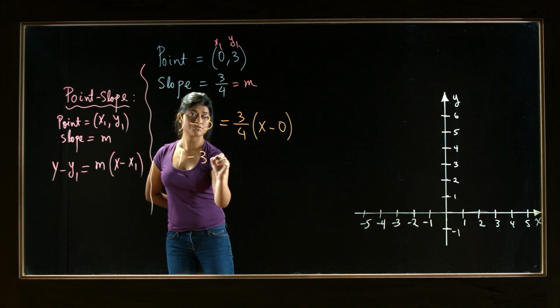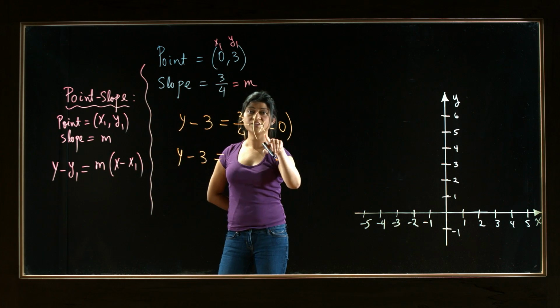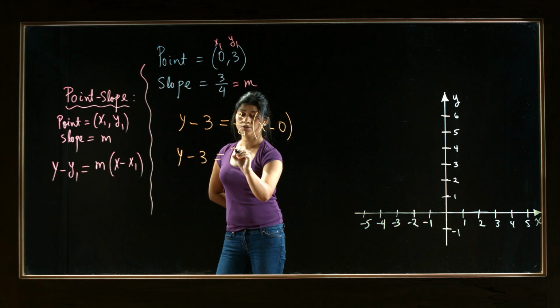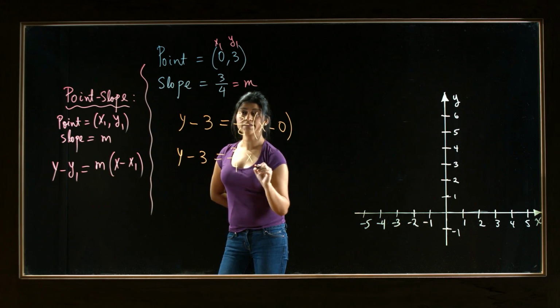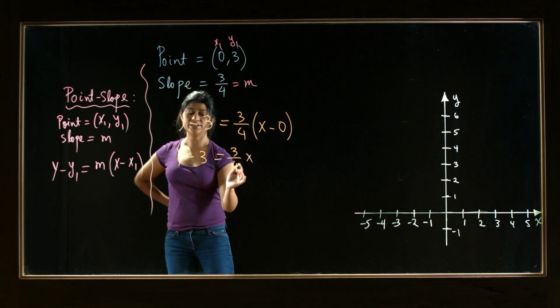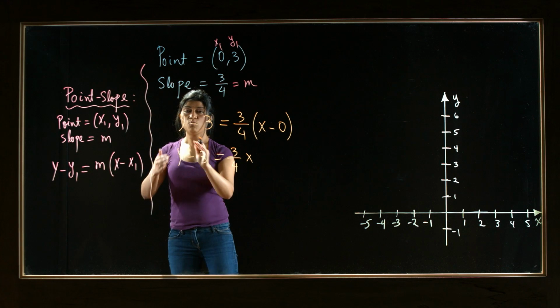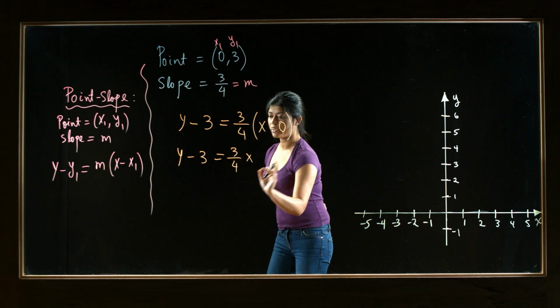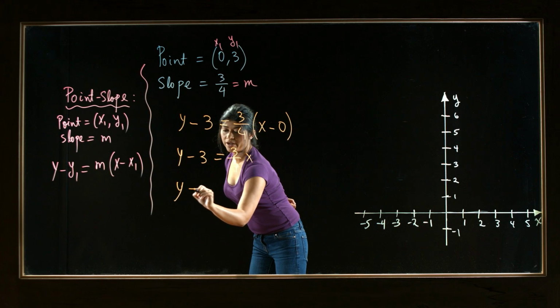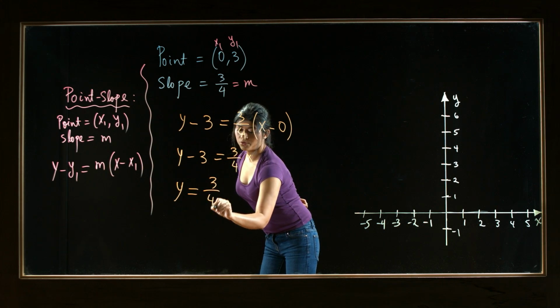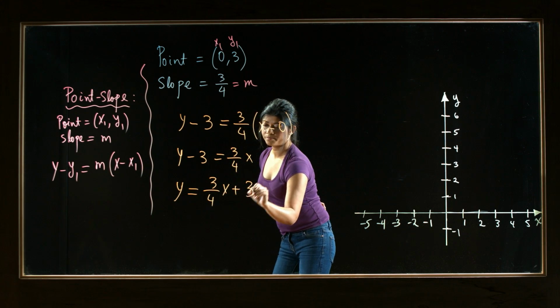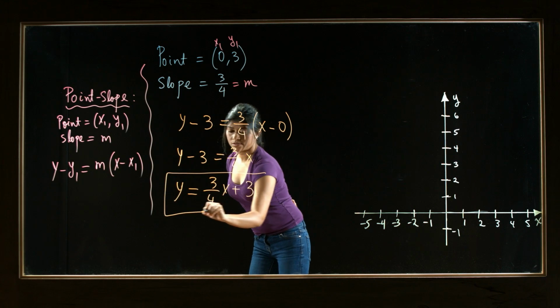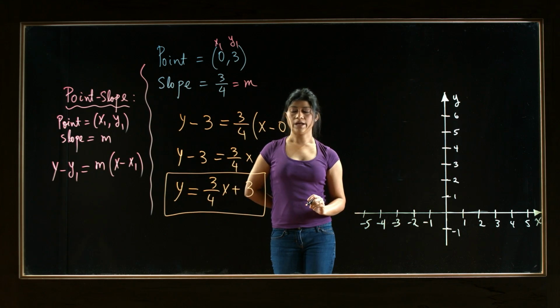So y minus 3 is equal to, the x minus 0, the 0 will just disappear, 3/4 x. And then we usually write the equation as y is equal to a function of x. So let's move this negative 3 to the right hand side, and we'll have y is equal to 3/4 x plus 3. So this is the equation of our line.